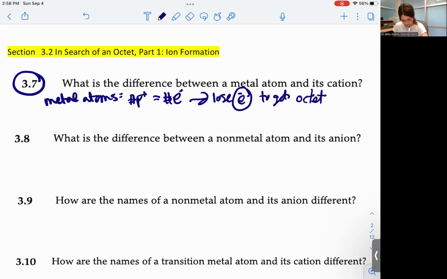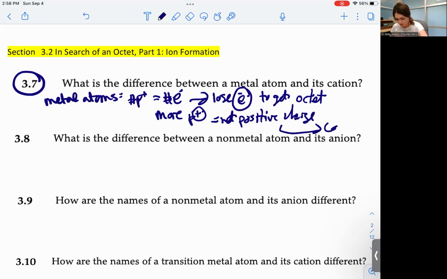So then you would have a net positive charge. And so when you make that ion, it's a positive ion, that's a cation. Cation, cats are positive. That's really silly, but whatever it takes for you to remember.